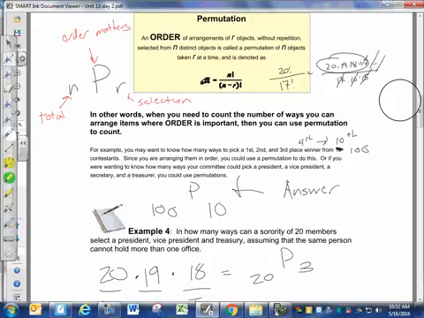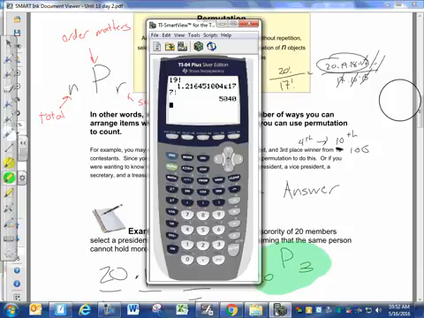Because what you will find is that there's a large amount. Okay? So again, 20 times 19 times 18 is an answer, but this notation is also your answer. Now watch, your calculator can do this calculation using this notation. What you would have to do is select the first number first, go to math, back over to PRB, and go to nPr.